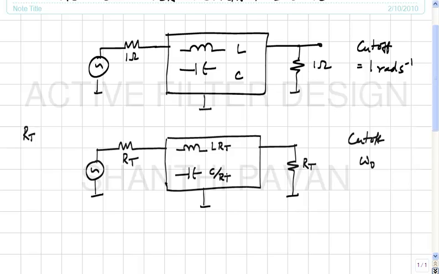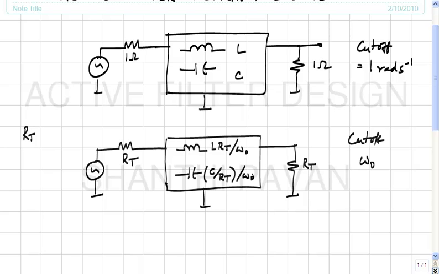You replace S with S by omega naught, which in other words, what will happen to the component values? L will become L by omega naught, and what happens to C? C will also become C by omega naught.